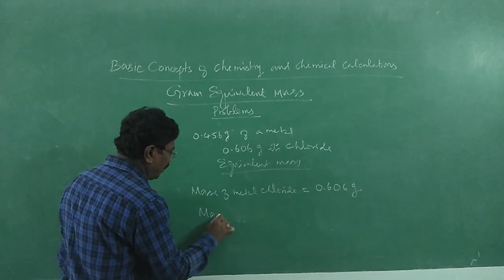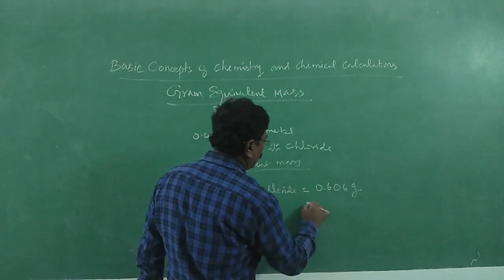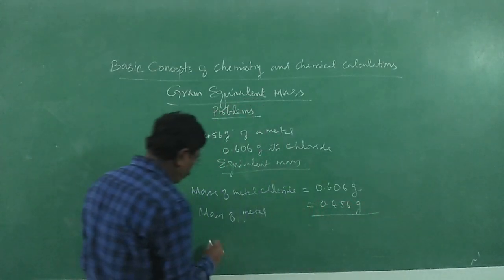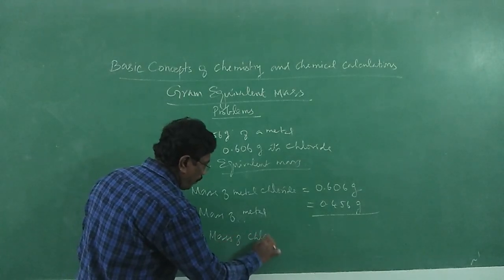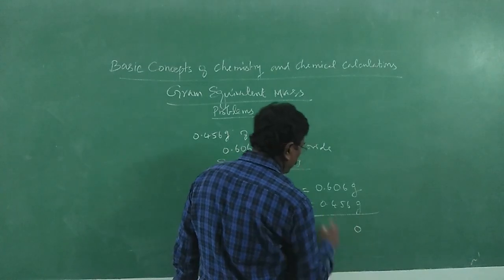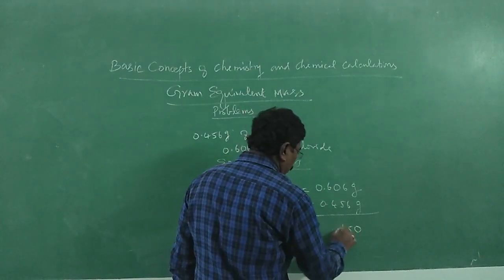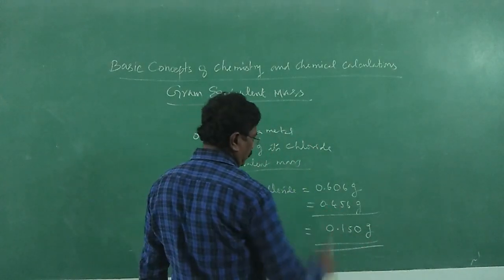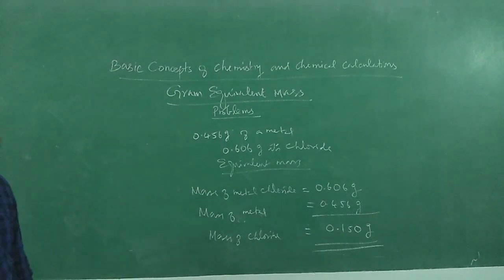Mass of metal is 0.456 gram. If you subtract, you will get the mass of chlorine. Mass of chlorine is 0.606 minus 0.456, which is 0.15 gram. So the mass of chlorine is found to be 0.15 gram.